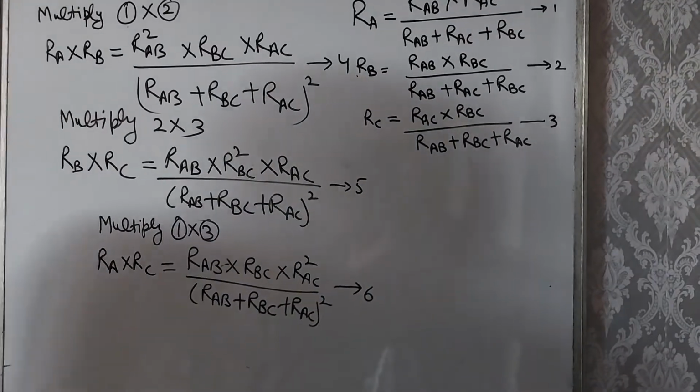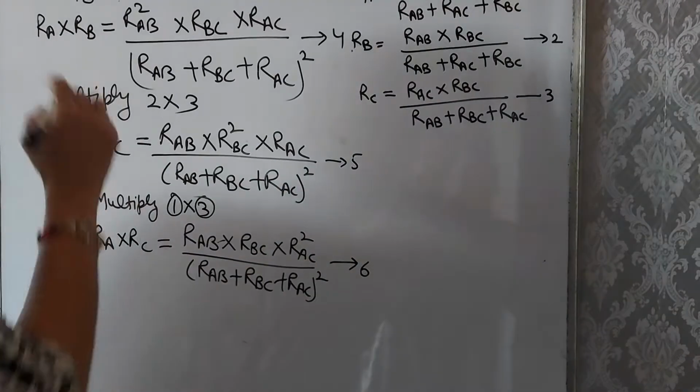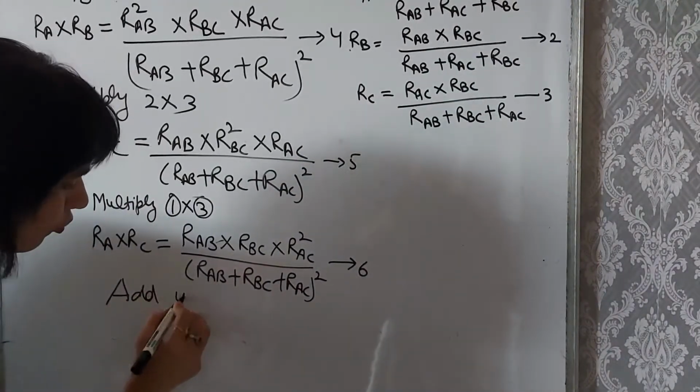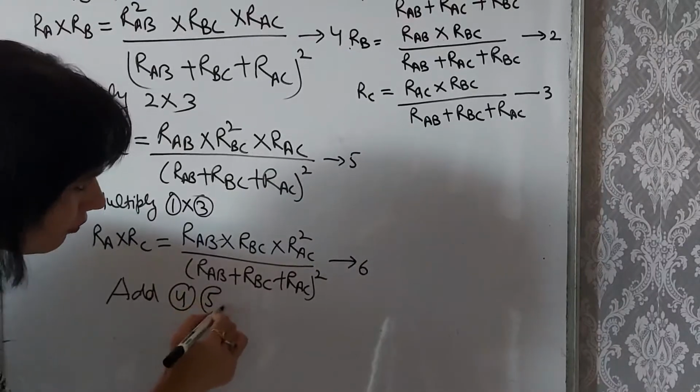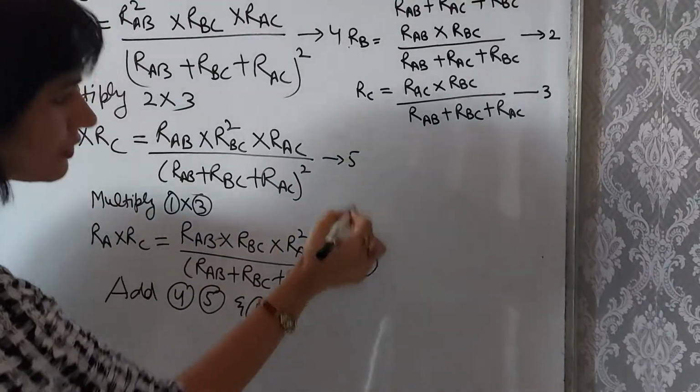So we have 3 equations, 4, 5 and 6. Now do the addition of these 3 equations, add 4, 5 and 6.